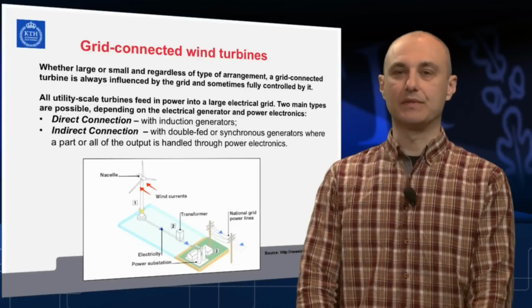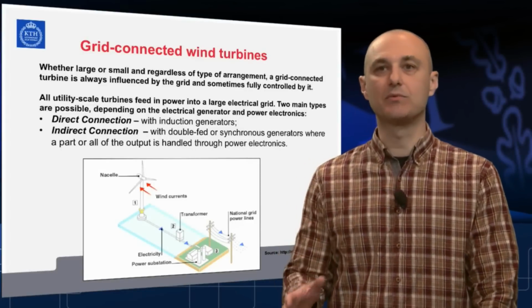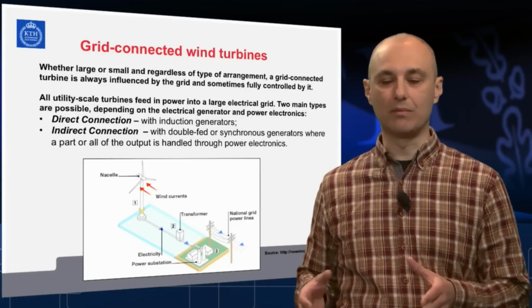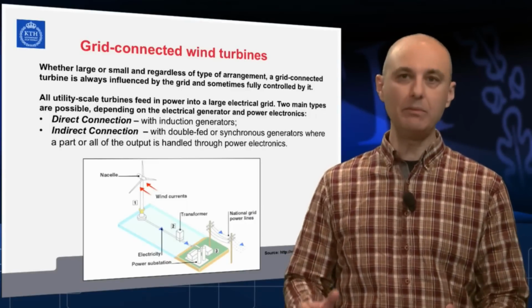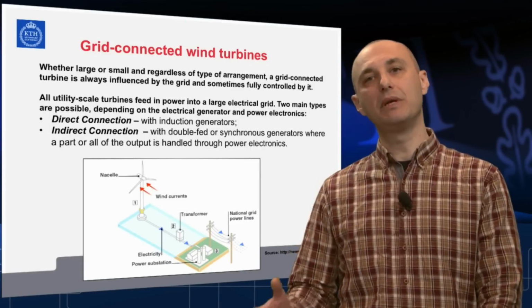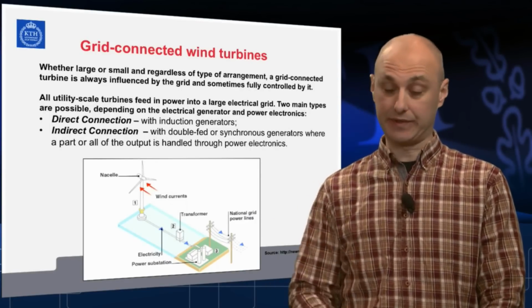There is something else, and it belongs to other lectures. We don't have time now to talk about the grid connection issues, but it will be mentioned by another teacher, and we will mention it shortly in the next lecture.